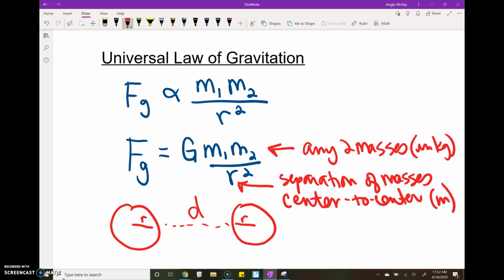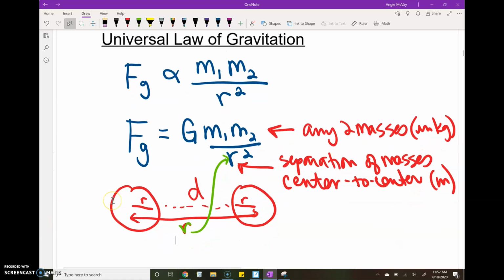Okay, and this entire distance will give you what we're calling R, right here, right? That distance separating center to center. Okay. Sometimes in other resources, they'll use a lowercase d instead of r. A common misconception is that r is radius, and that's not true.